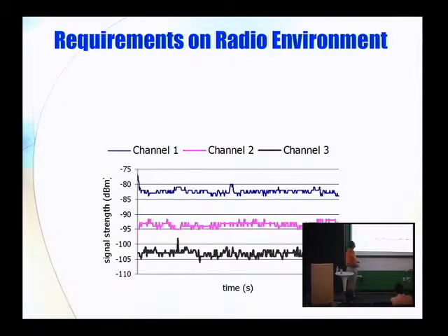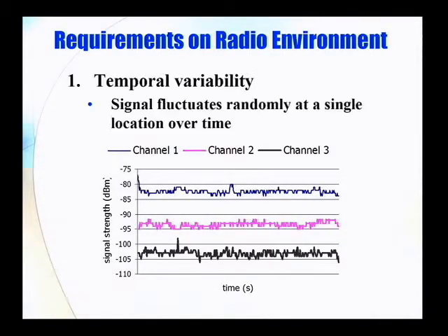There are certain requirements for this to work, or rather assumptions. All of the assumptions have to do with the environment that we're listening to. One assumption has to do with the nature of the specific place where the pairing is taking place, and the assumption is that there is temporal variability.